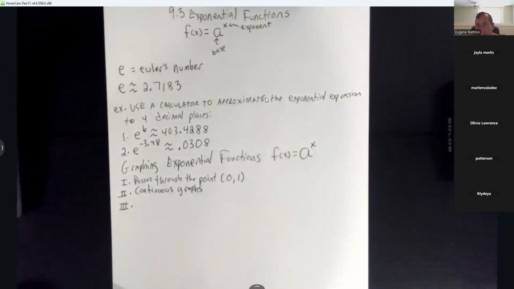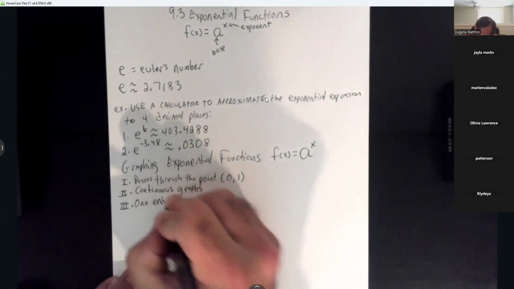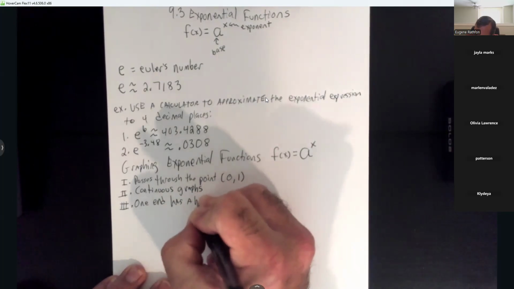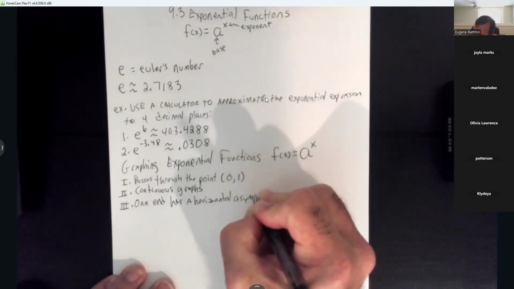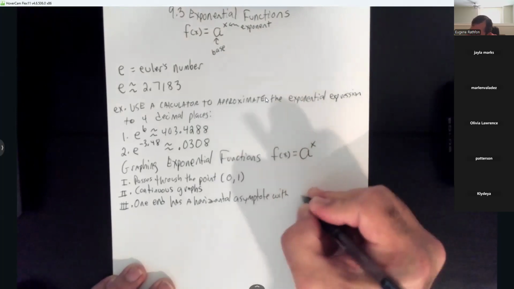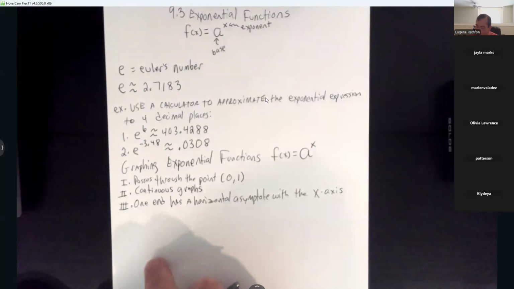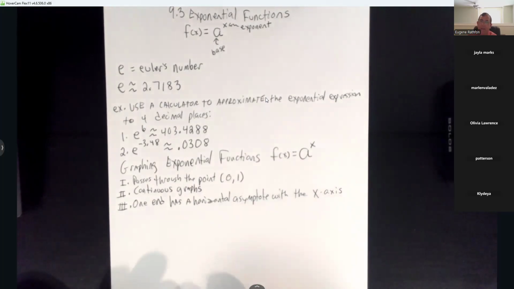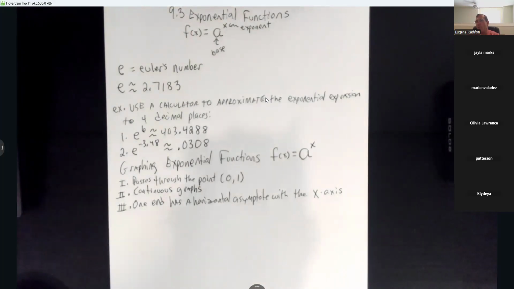And then the last thing that's really common with them, one end has a horizontal asymptote with the x-axis. So one end of it is going to be really trying to get close to that x-axis, okay? It depends on the base to determine which end is going to have that asymptote.